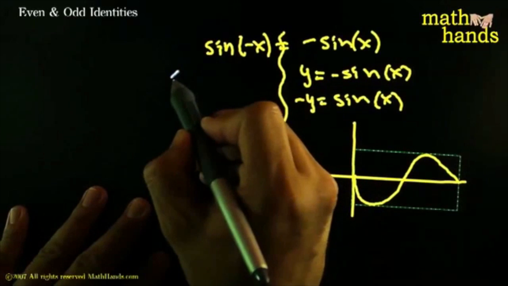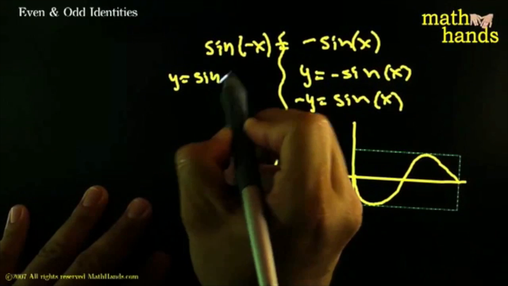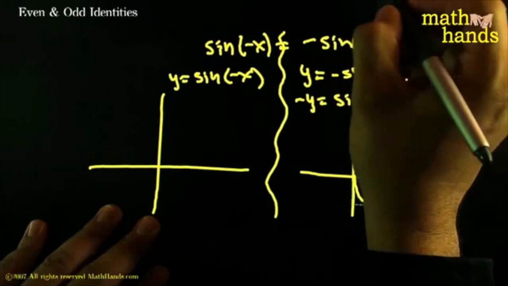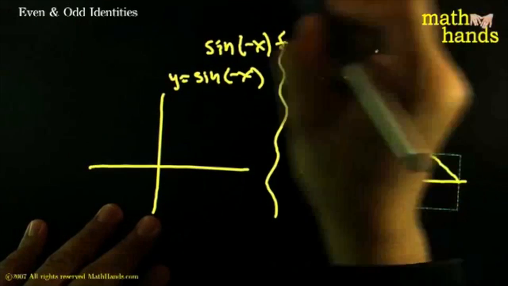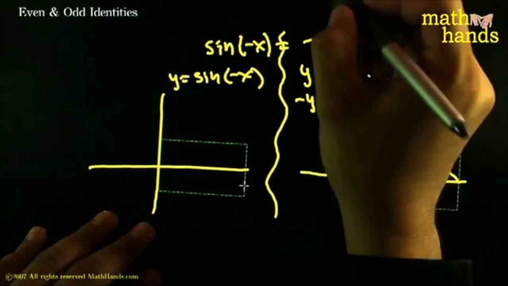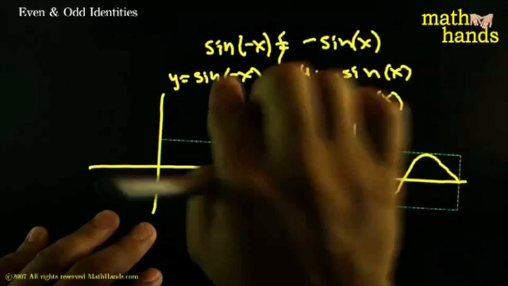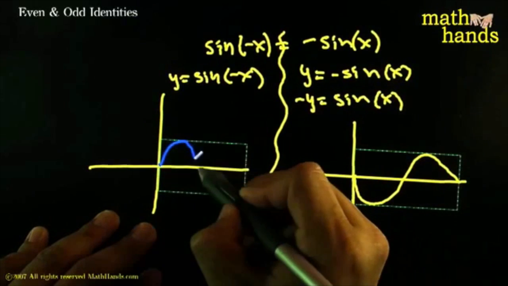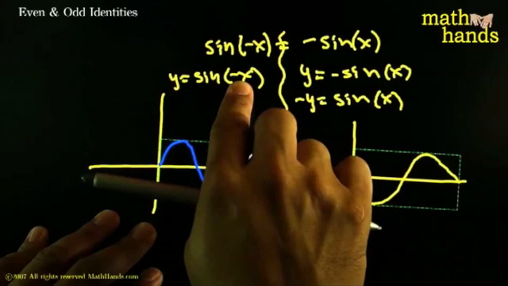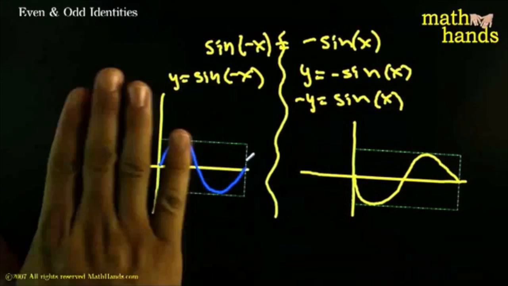And on the other side, we've got y equal to sine of negative x. So we draw it. The original sine graph, without that negative on there, would look like this. But this one has, instead of an x, a negative x. So positive x's will become negative x's.